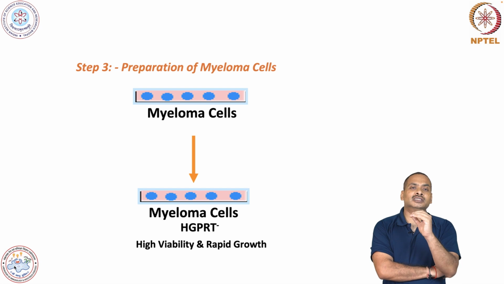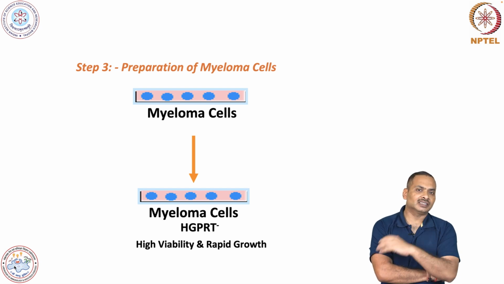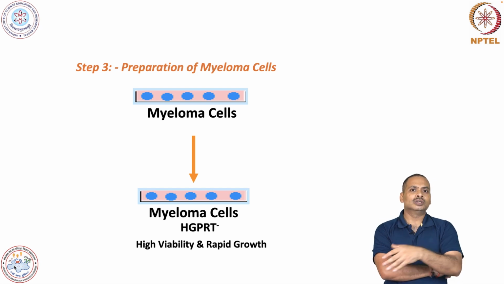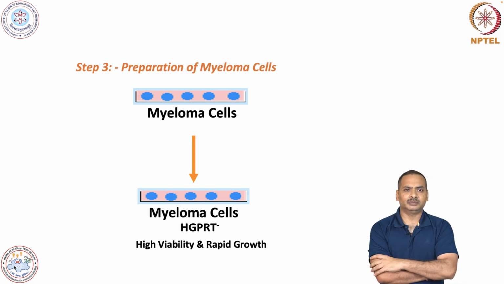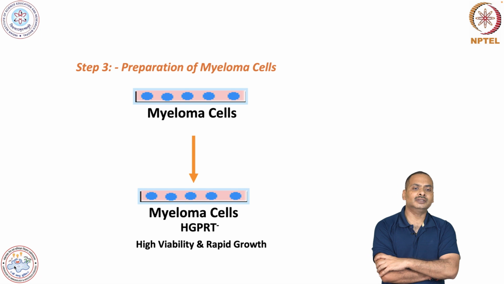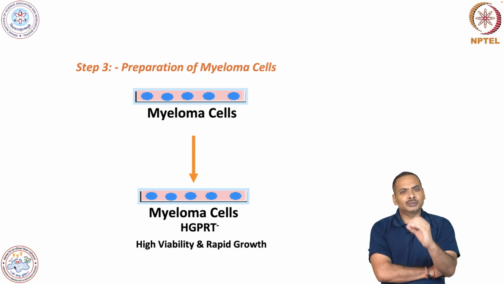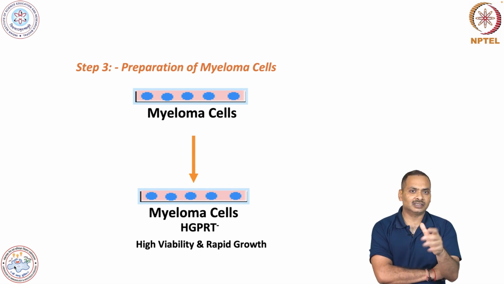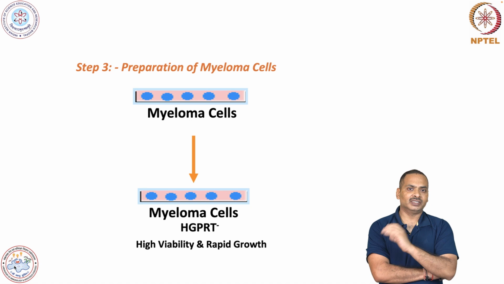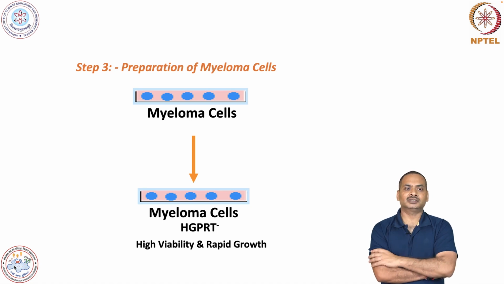So this mice is basically lacking this enzyme. I will explain what the use of this enzyme is in a subsequent slide. Okay. So this myeloma cell is derived from HGPRT knockout mice, and it is cancerous in nature. They can grow indefinitely. Okay. Just remember this thing. Okay.